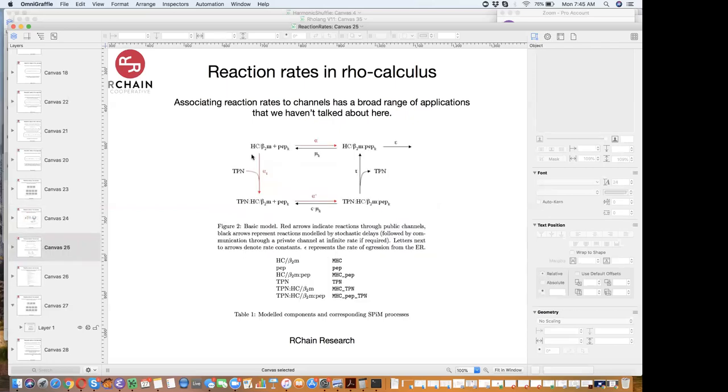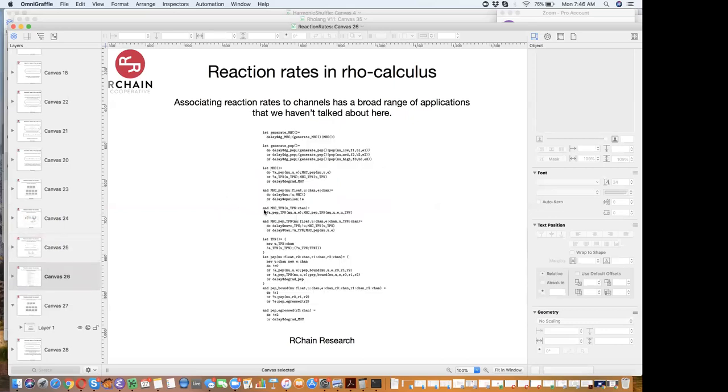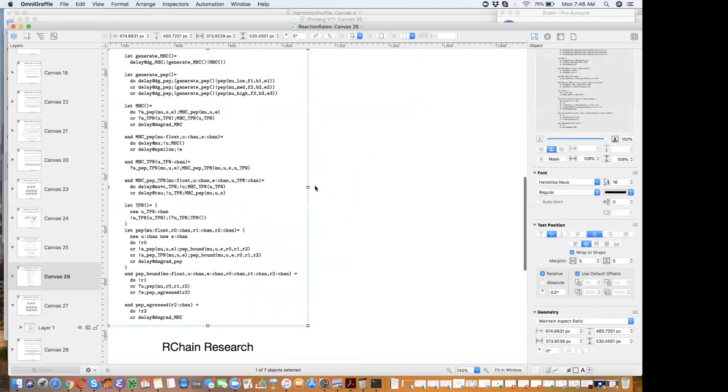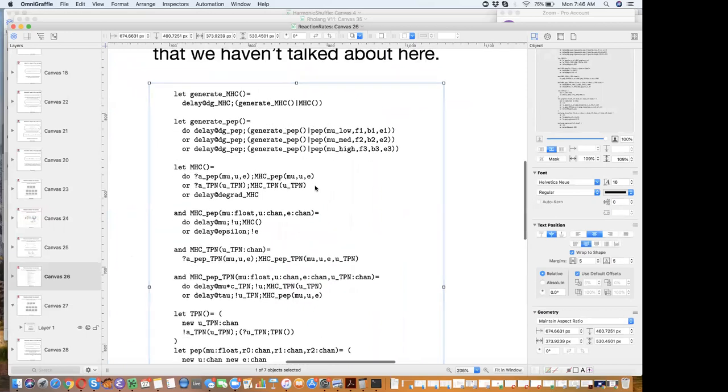I won't go into this in detail, but I would recommend people read the paper if they are interested. Here's the set of chemical equations that's actually being modeled. And it turns out that you can turn all chemical equations into some stochastic pi code. And here's the stochastic pi code in the syntax that SPIM uses. Let's see if I can let people see this.